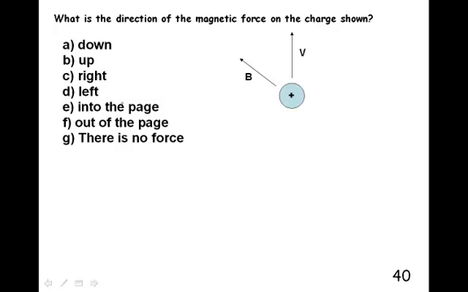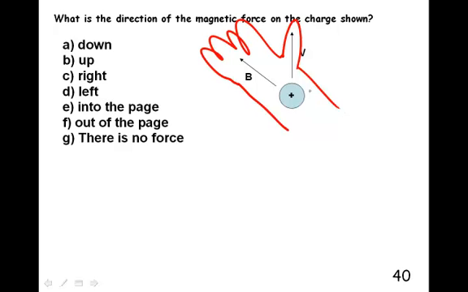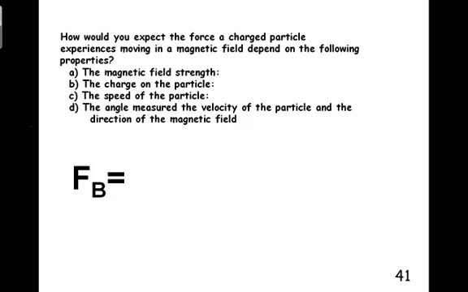Remember that? And here's a nice one. V cross B: put your thumb in the direction of the velocity, fingers in the direction of the magnetic field, and the palm is now pointing out of the page. We'll have lots of time to practice that in class.